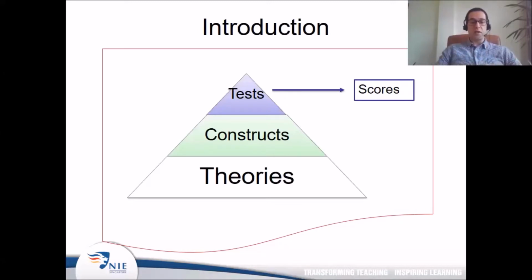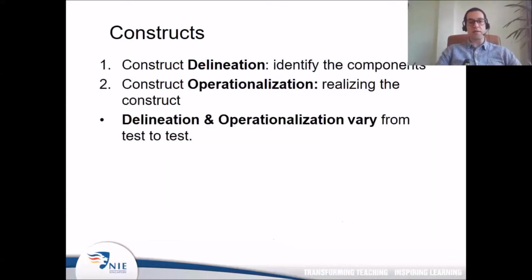So when we are talking about a construct, we're basically talking about the measurement of a latent trait or latent attributes, if you will. So the concept of measurement, in other words, is something which is implied when we use the term construct. The test is the realization of the construct.